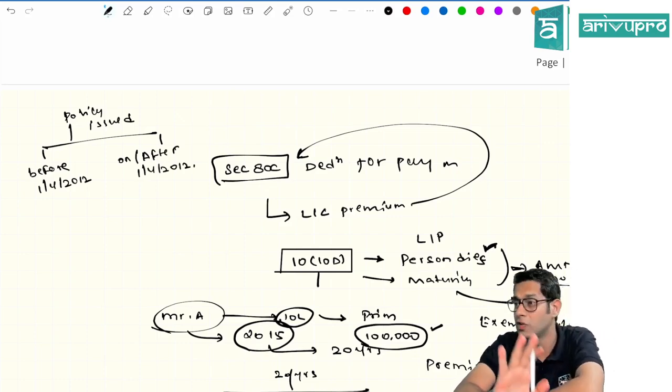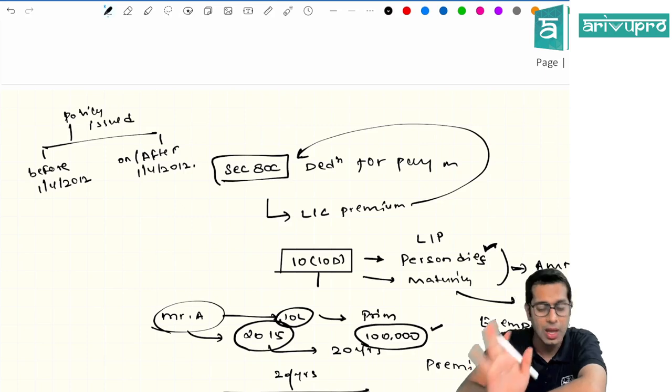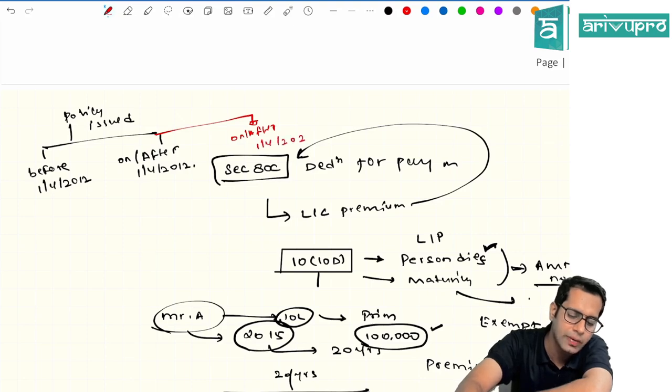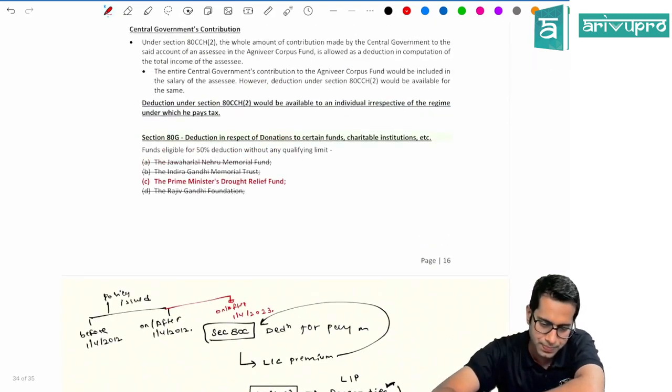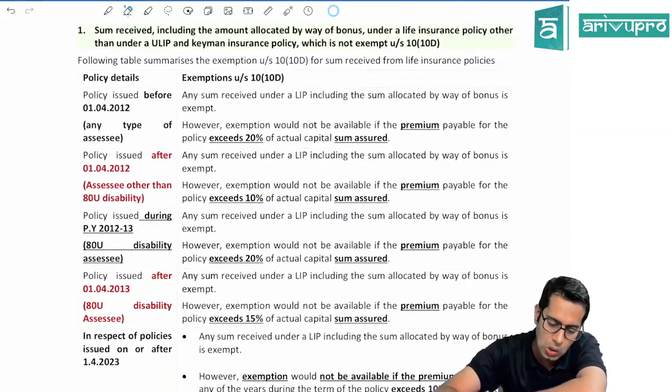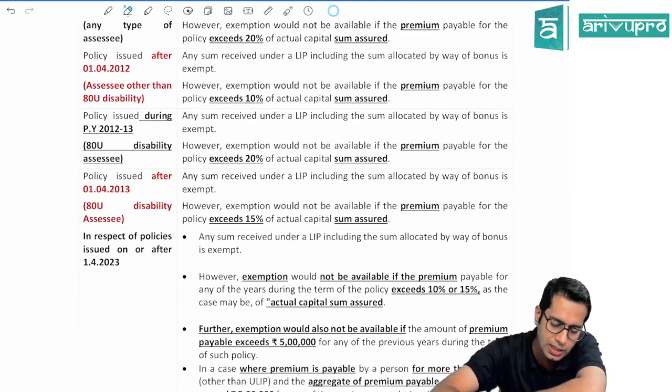This is what we normally studied in the classroom. Now one extra category has been added: policy issued on or after 1/4/2023. So that is the extra item.